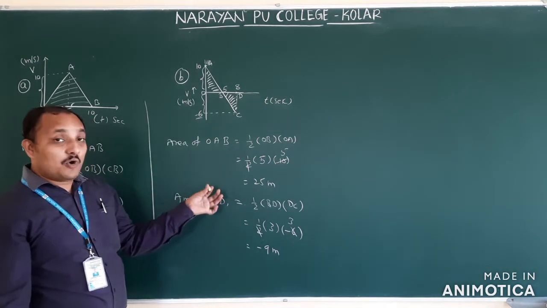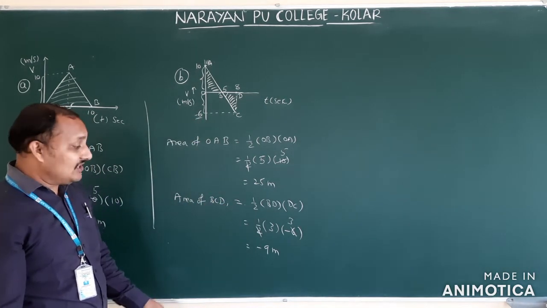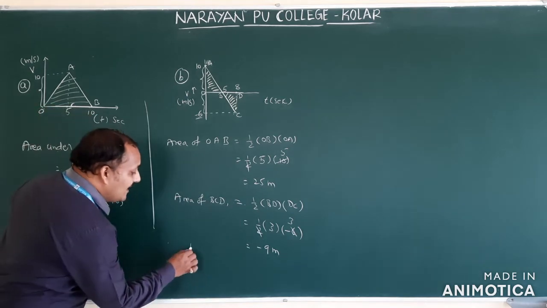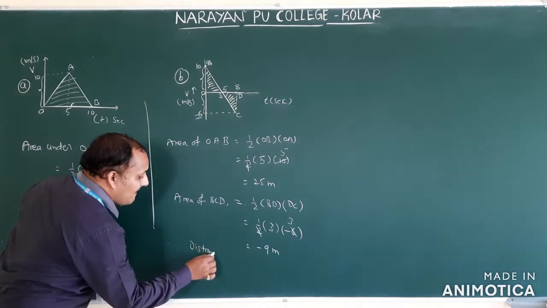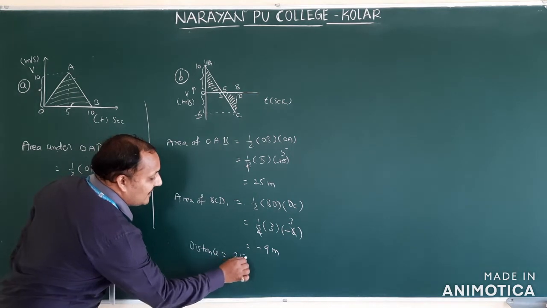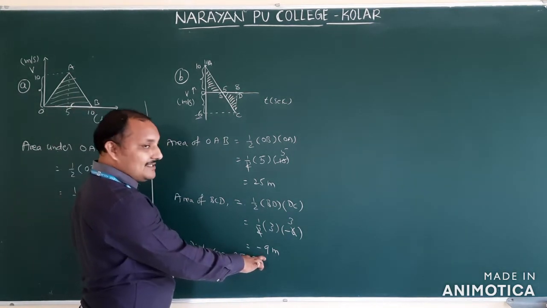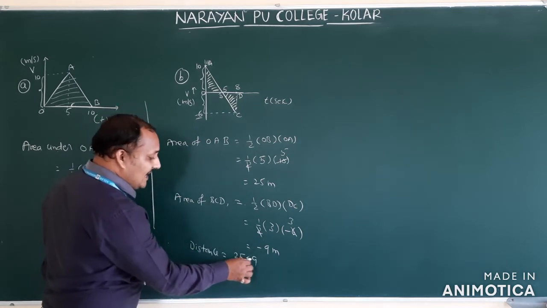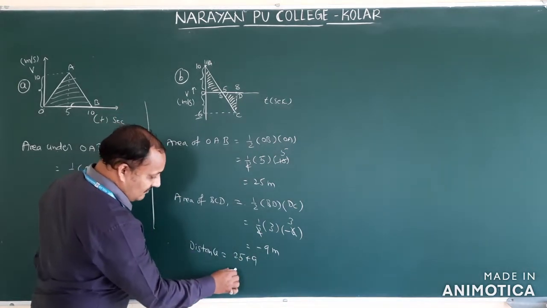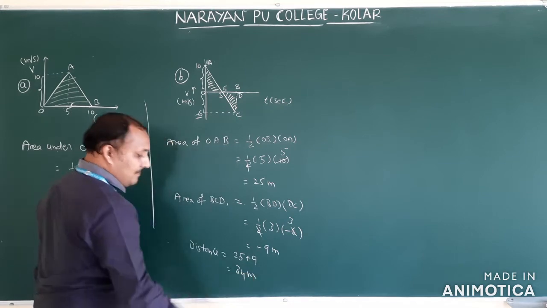Now they ask for both distance and displacement. For distance, you won't get negative. Therefore, distance is equal to 25 plus 9. You should take plus only because distance cannot be negative. Therefore, 25 plus 9 is 34 meters.